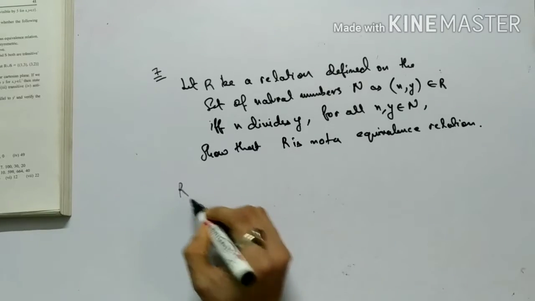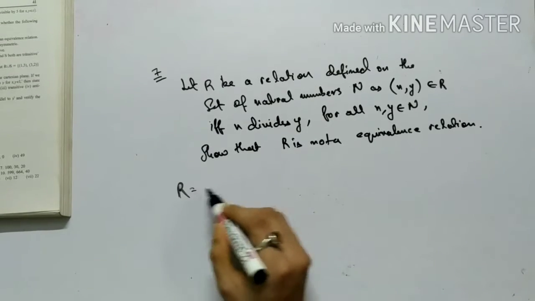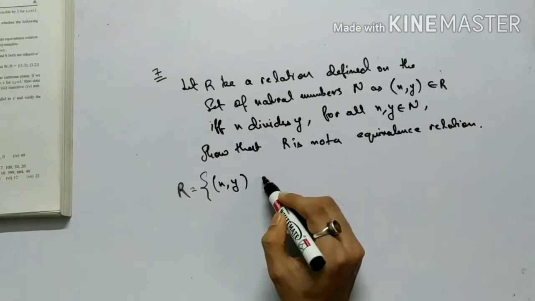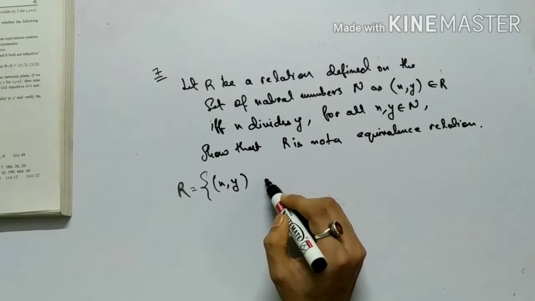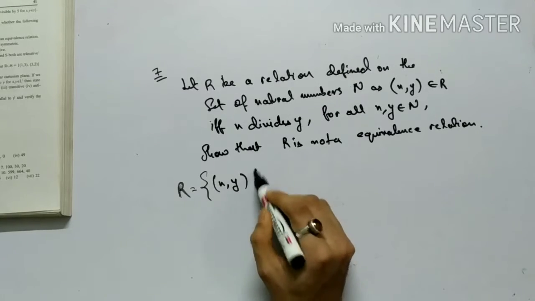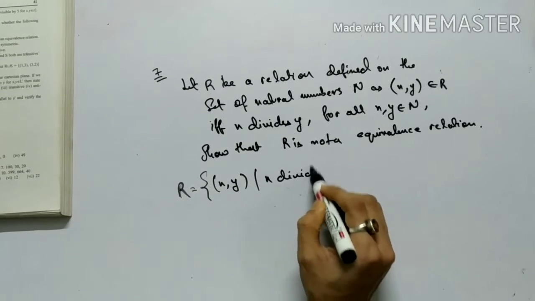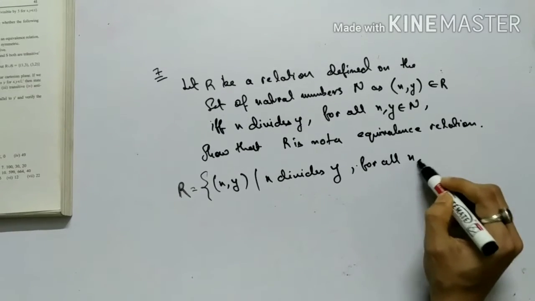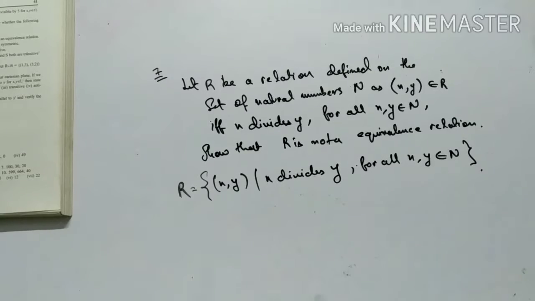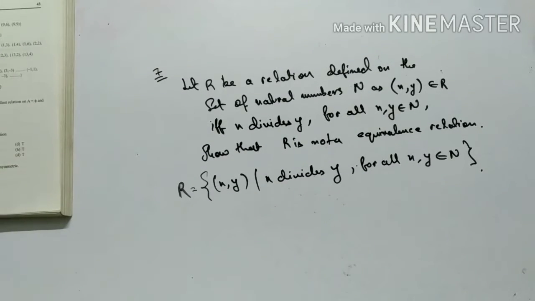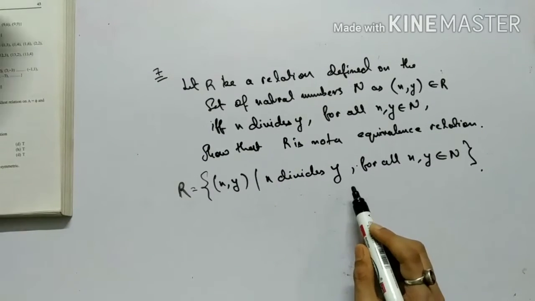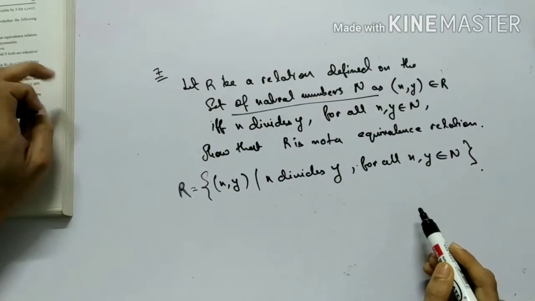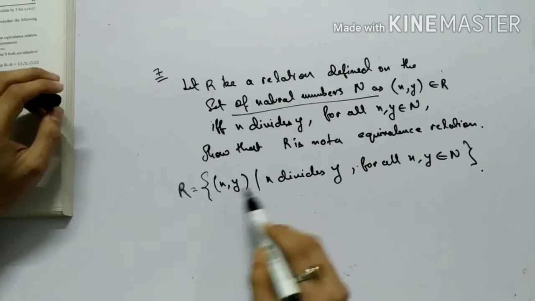So in here R is (x,y) such that x divides y, for all x, y belonging to N. Now it is a relation on the set of natural numbers N, and in here x divides y.